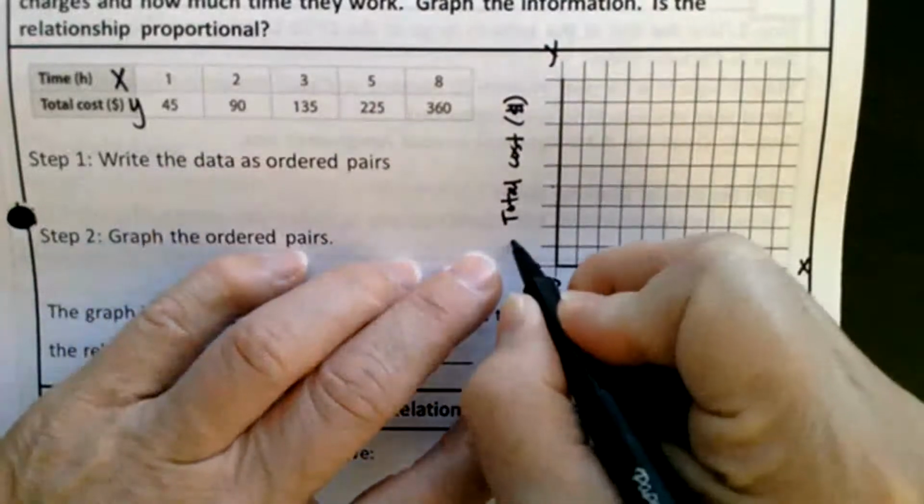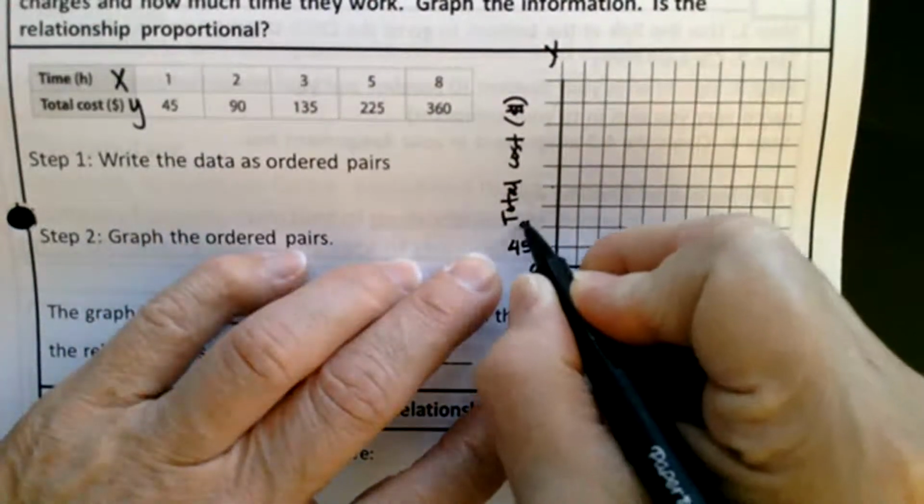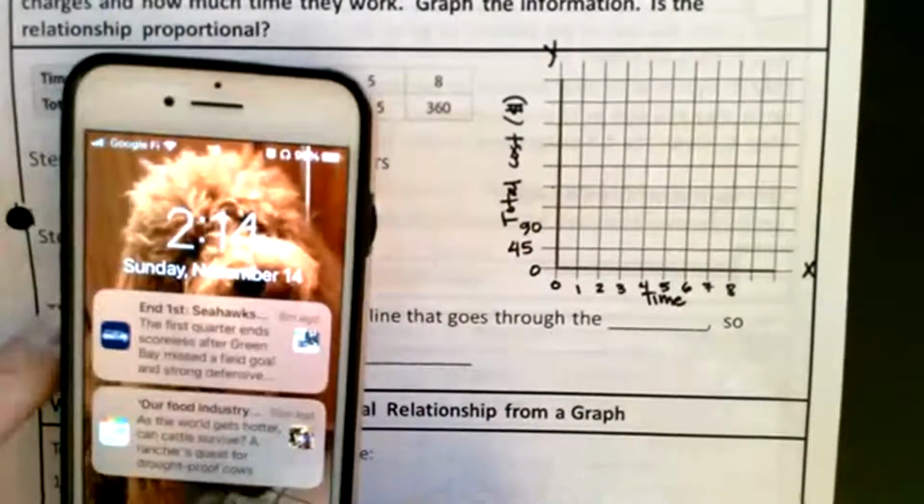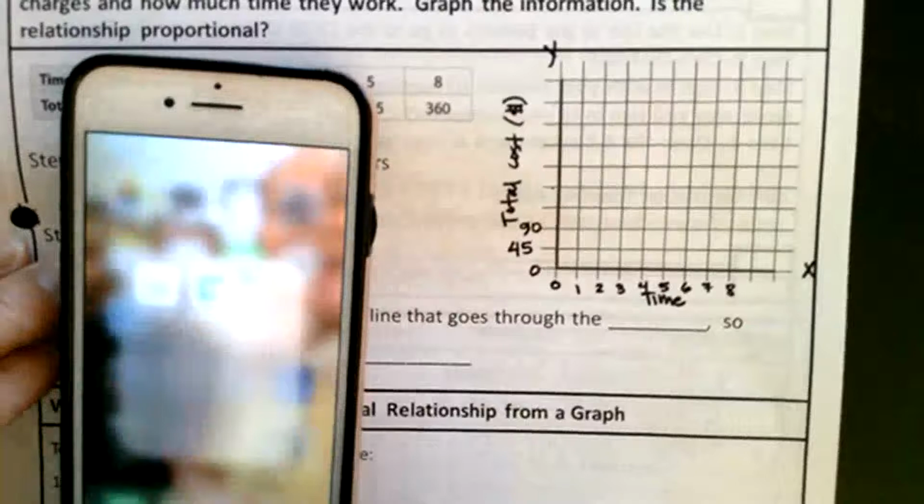Okay, let's do that. Let's go 45, 90, and let's just use our calculator, so we're allowed to use a calculator, right, in this module.